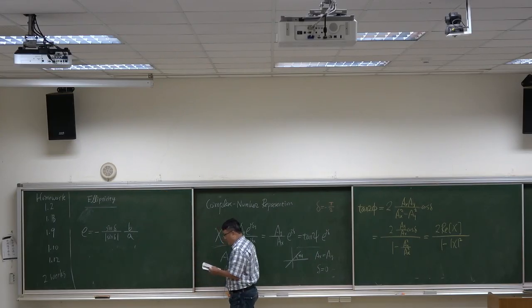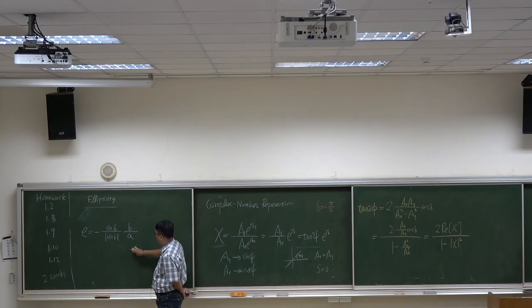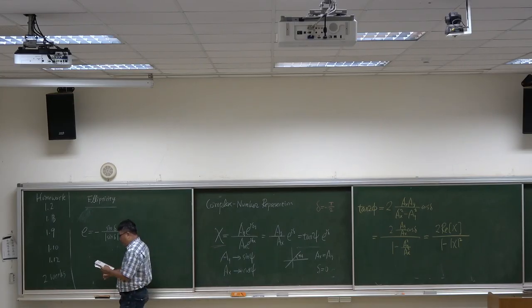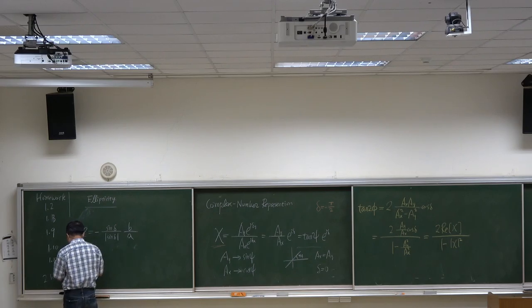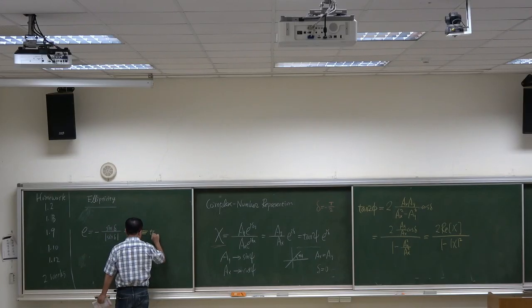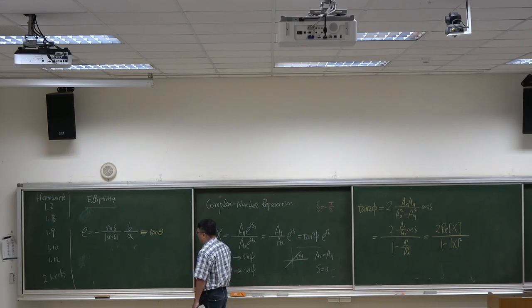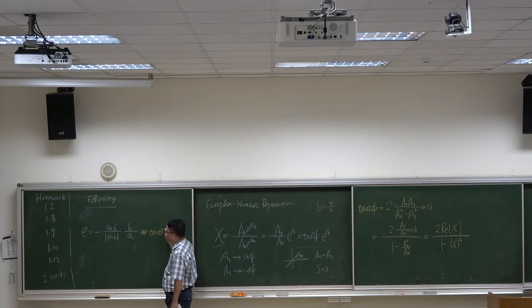This is ellipticity. And now, suppose we assume E. Suppose I define this as tangent theta. This theta is an abstract quantity.